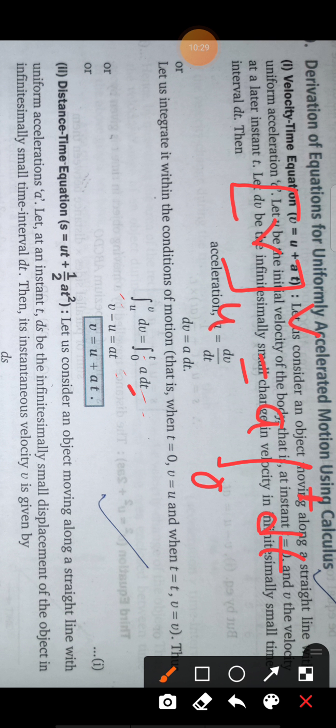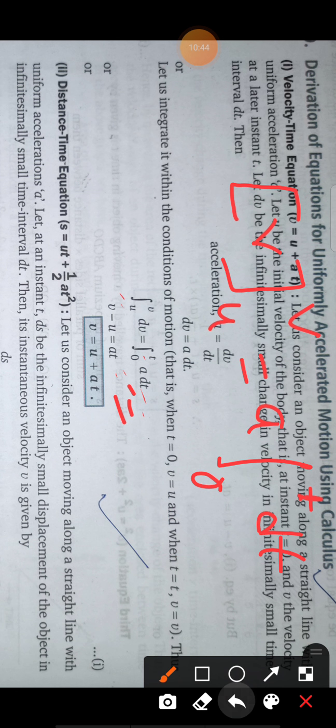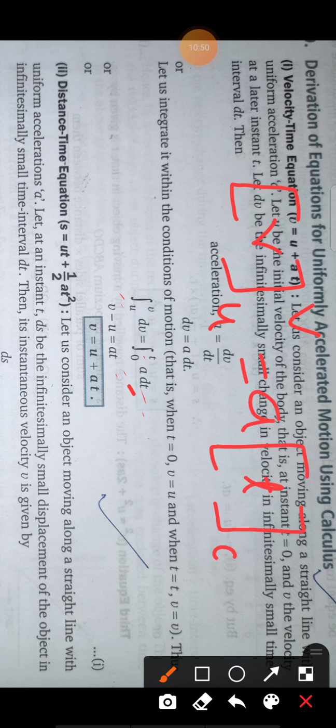Now what is the integration of dt? Integration of dt is t. So a into t from 0 to t. Now you just have to put the upper limit and lower limit.